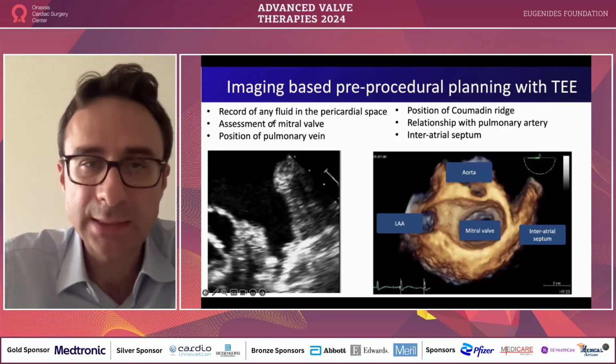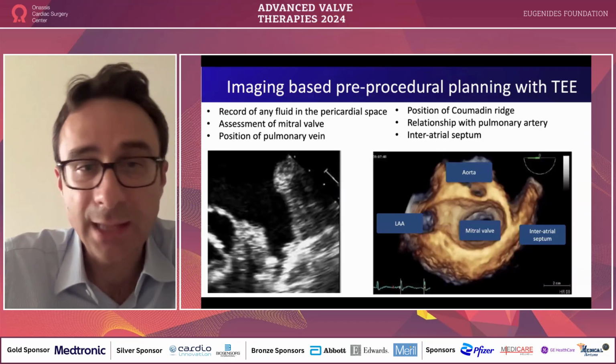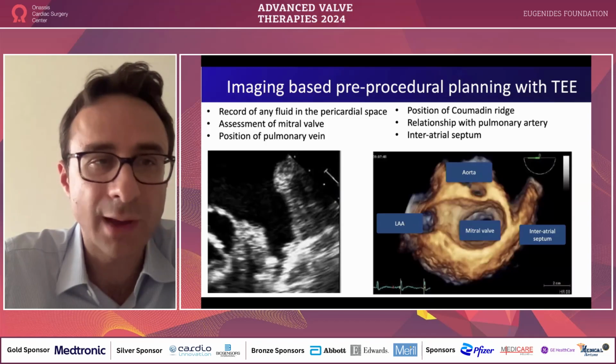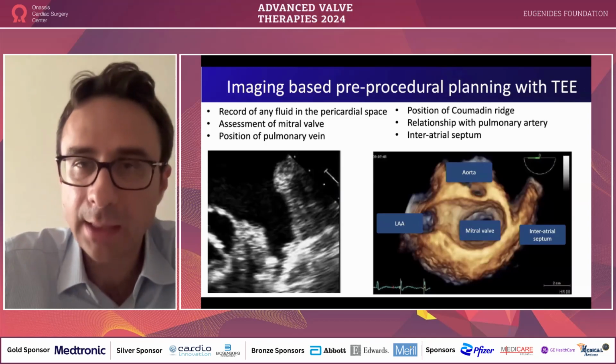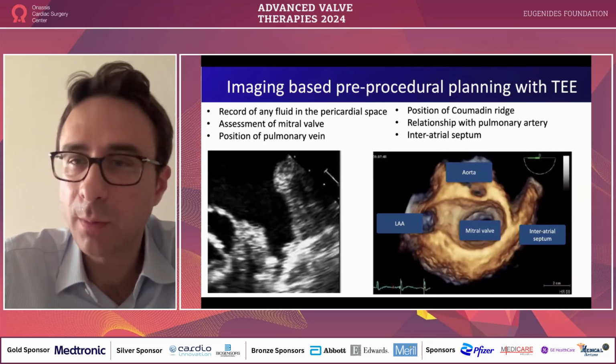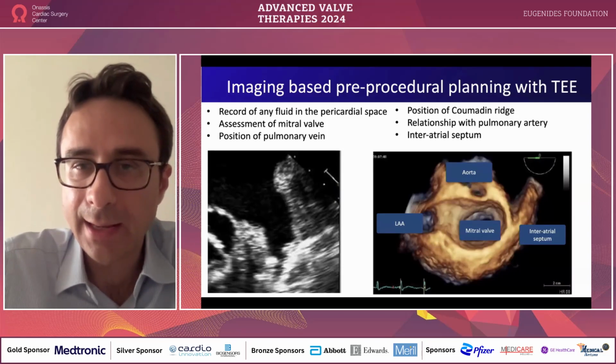We need also to assess the mitral valve, especially if the patient underwent a previous surgical or percutaneous mitral valve repair or replacement. We need to evaluate the position of the pulmonary vein, the position of the Coumadin ridge, the relationship with the pulmonary artery and the distance between the pulmonary artery and the LAA structure.